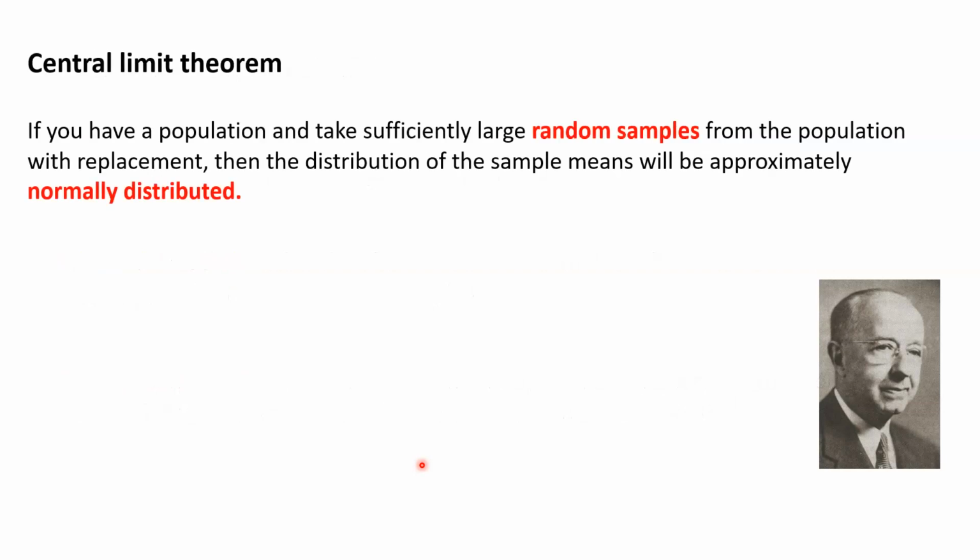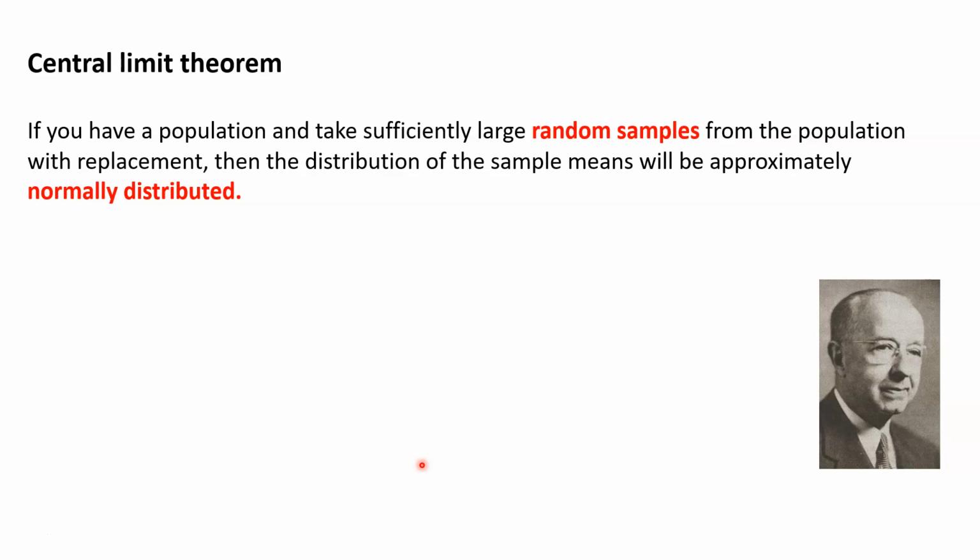Going back to William Short, part of what he developed about understanding the natural variation of data and applying statistics to that data, particularly descriptive statistics, is the central limit theorem.